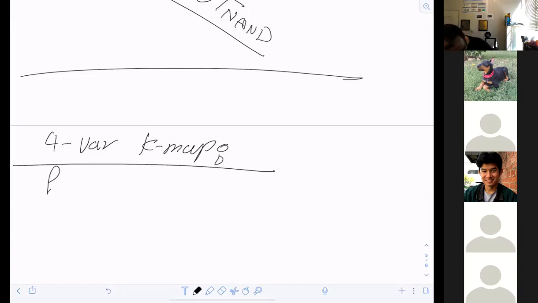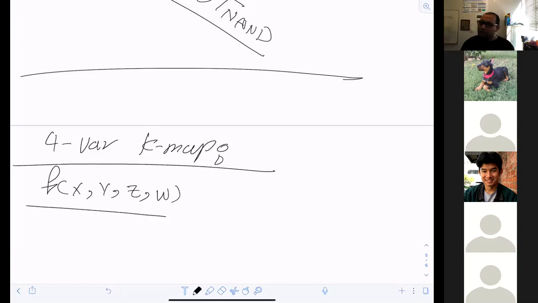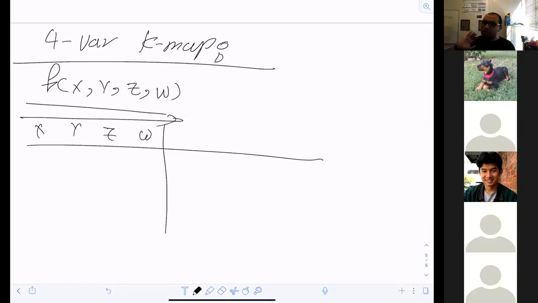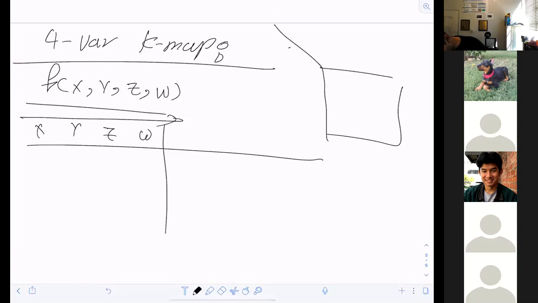It's going to be F of X, Y, Z, W, so I have 4 variables. If I have a truth table like this, X, Y, Z, W, I look from left to right. Do you guys agree? And my K-map in this case will be 2 variables here, 2 variables there.